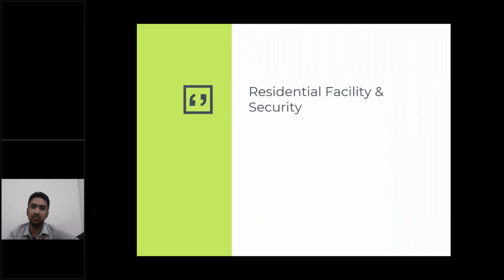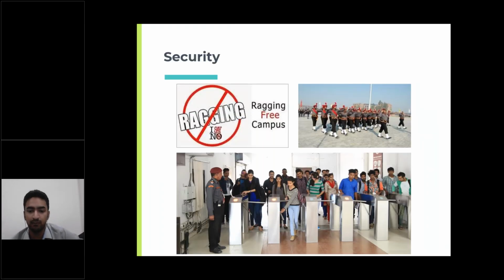But let me tell you a very important feature of our university, which is security as well as residential facility. We have a completely anti-ragging university, and you cannot enter the university directly. You have to pass the turnstile before you enter, so that is the security check.